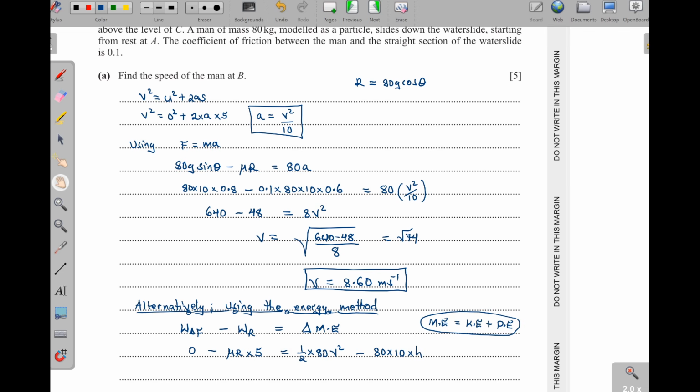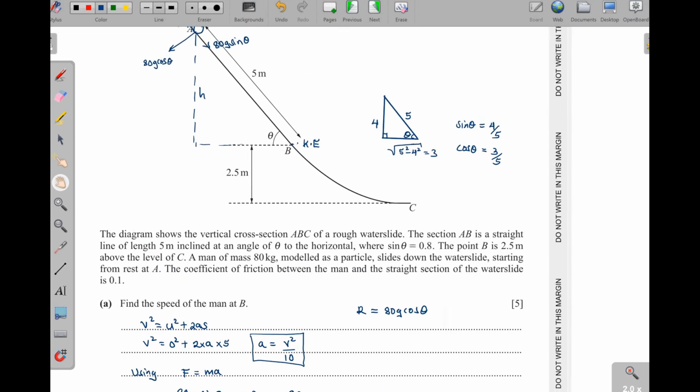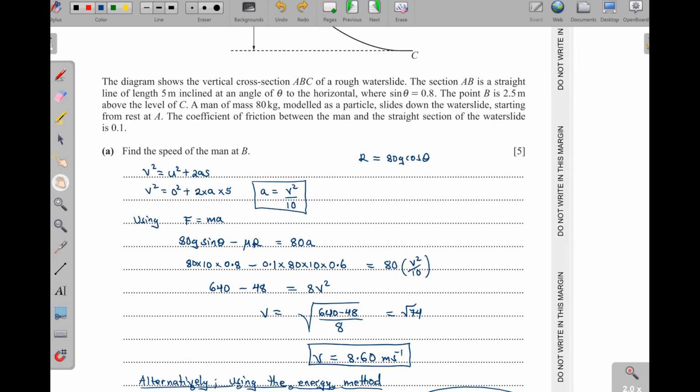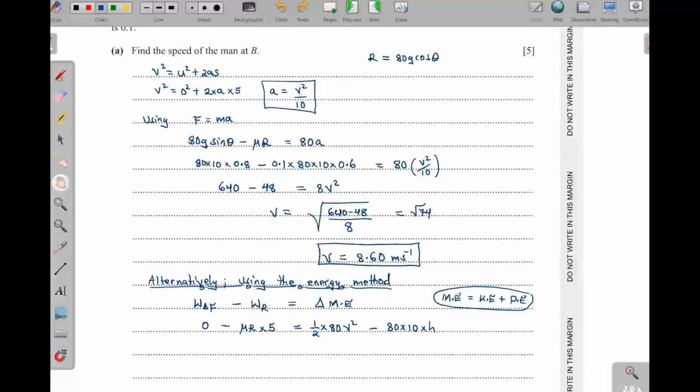But what will be the h? So when we look at the h here, what do you think it is? Don't you think h is this 4? So if we have sine of theta, let me prove it for you here.